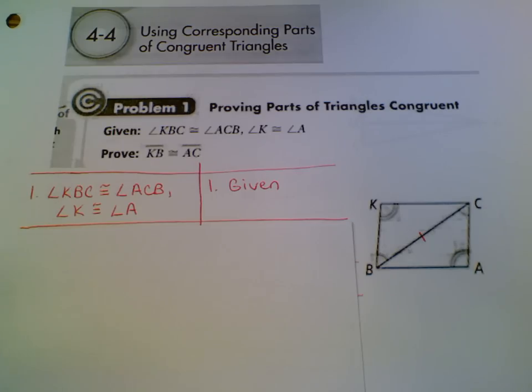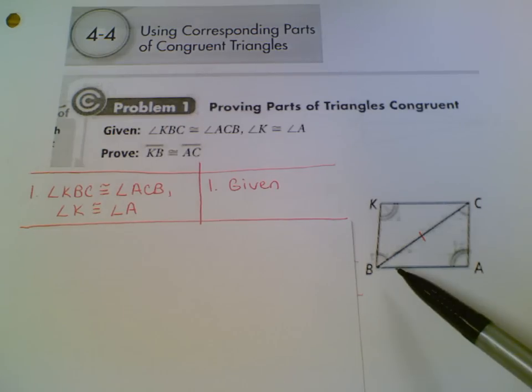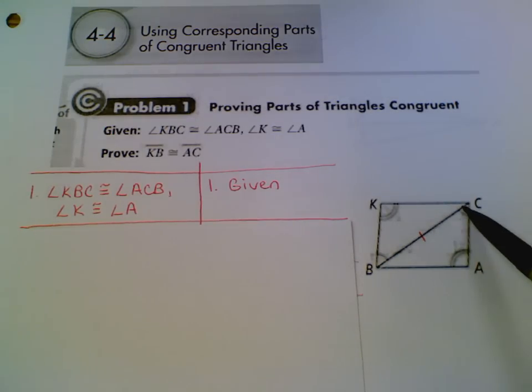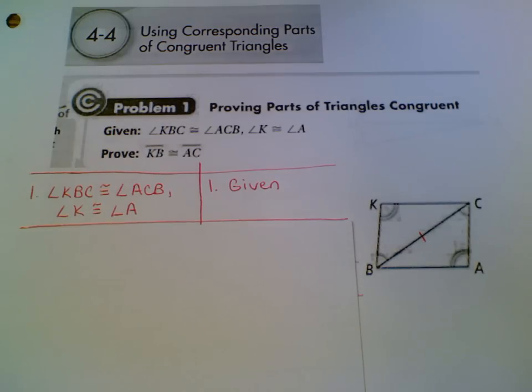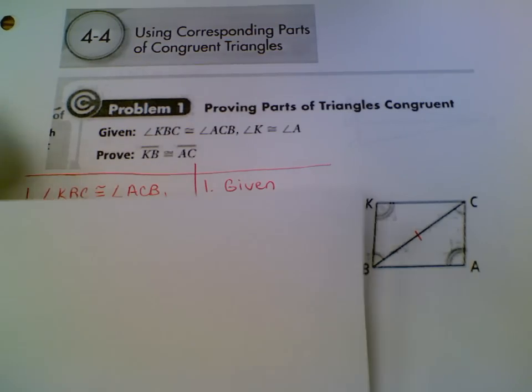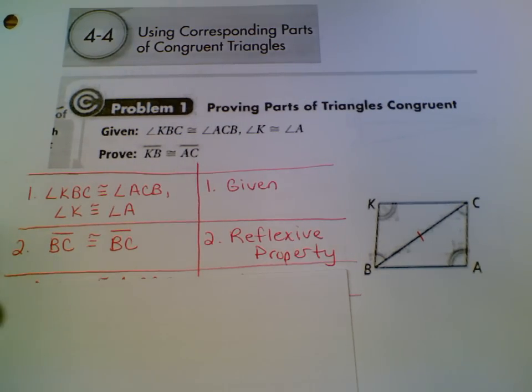Well, what they gave me is pretty straightforward. There's nothing else I could go off of. The first thing I see is automatically I'm seeing BC as a side shared between these two triangles. So BC would be a side that's congruent on both of those triangles. So the next step I would want to write down is that BC is congruent to itself, and the reason for that is reflexive property.